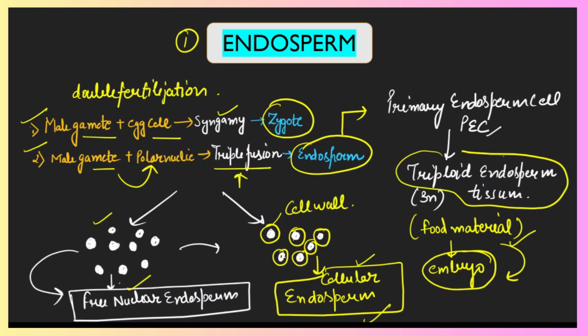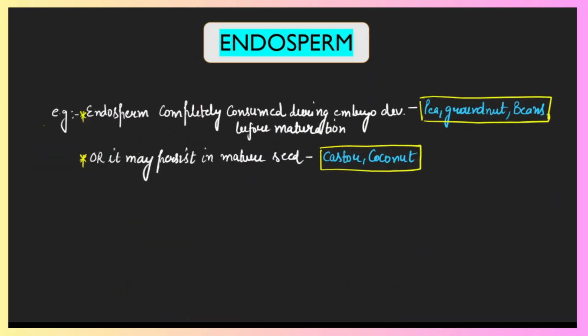Now let's see the examples under the endosperm. First example is where the endosperm is completely consumed during the embryo development before maturation. When maturation occurs, the complete endosperm has been consumed by the embryo.